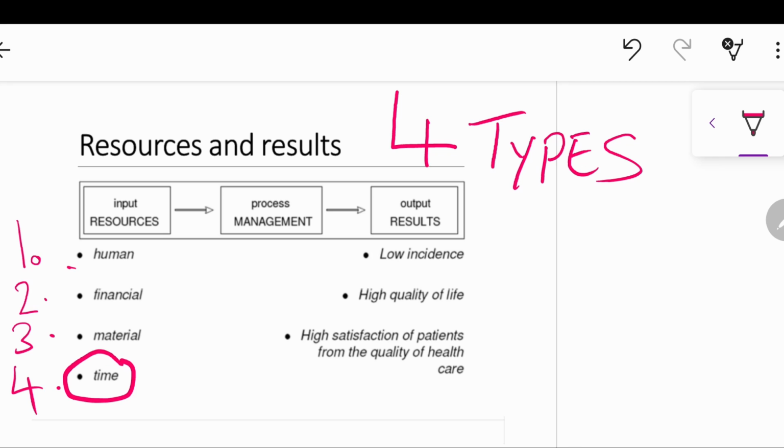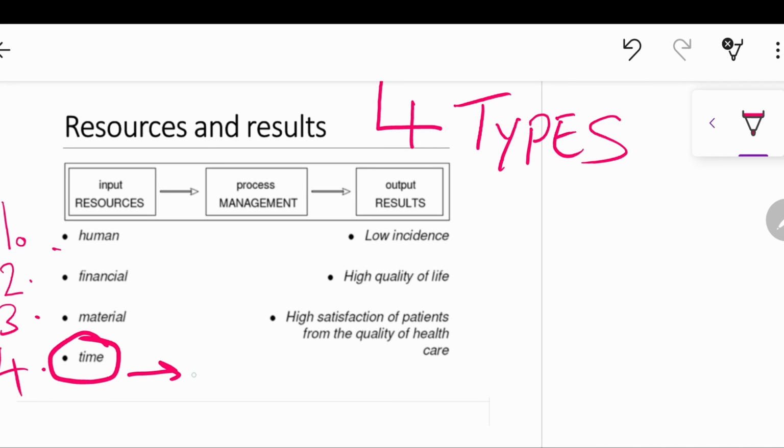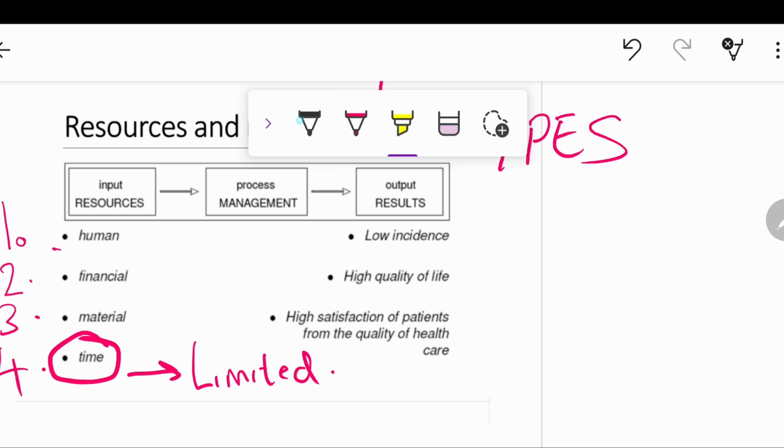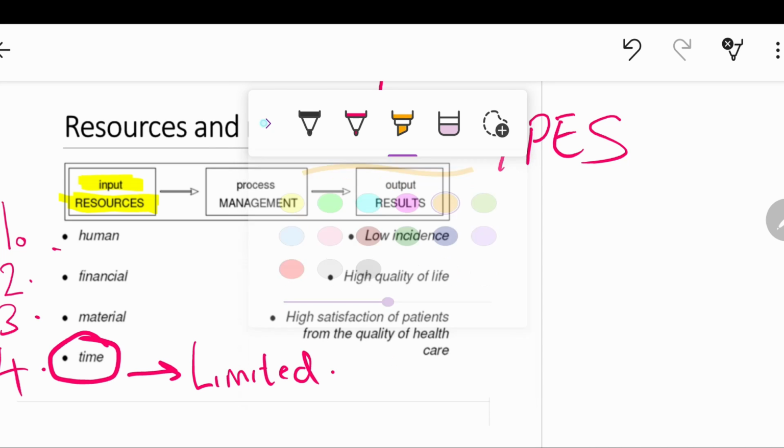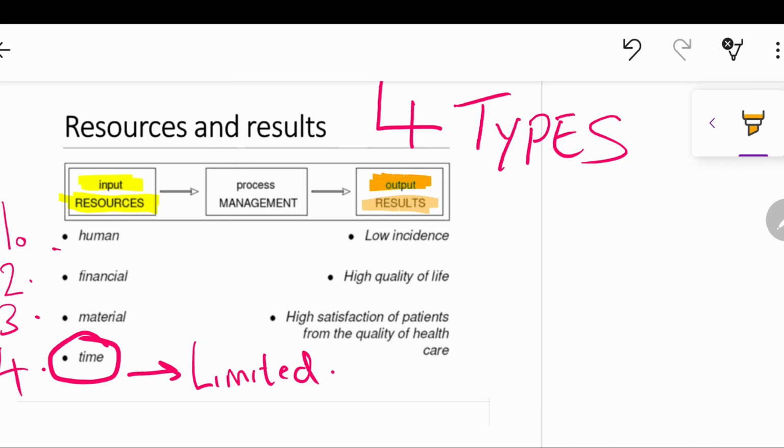And time is the most important one because it is limited. Time is a limited resource. Now all these here you see are input resources, and whatever we input we get an output resource or output result.